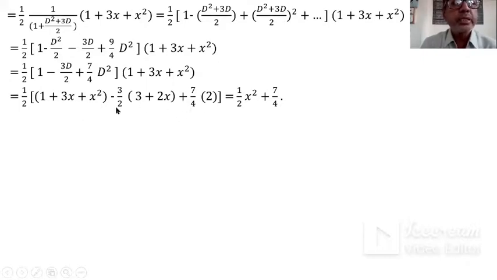If we simplify this, 3x and this minus 3x get cancelled. We get 1 half x square and this 1 minus 9 upon 2 and plus 7 upon 2, means minus 1 half. If we take 1 minus 9 upon 2 plus 7 upon 2, it becomes minus 1, and this plus 1 gets cancelled, means this term is 0.